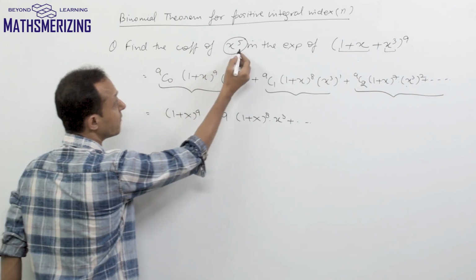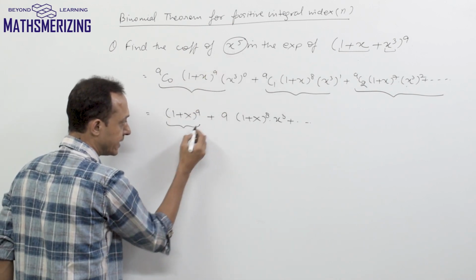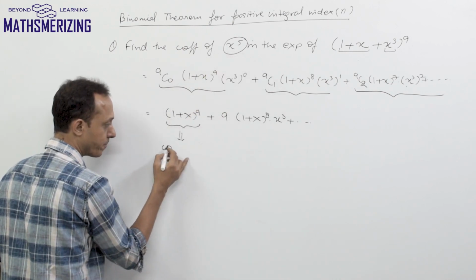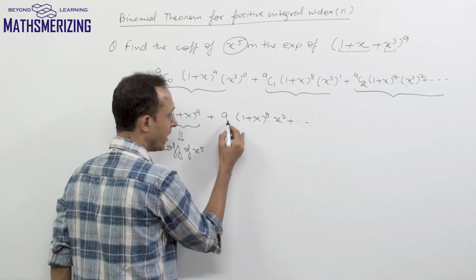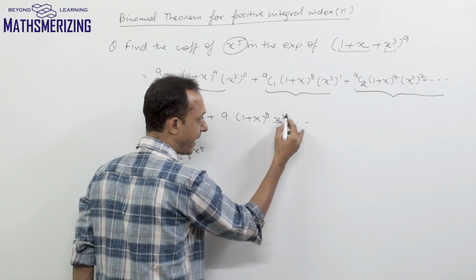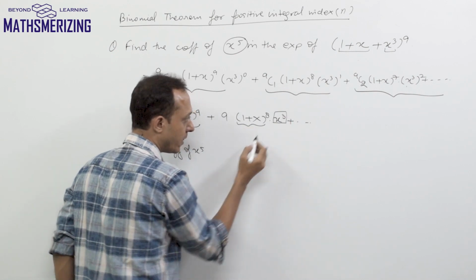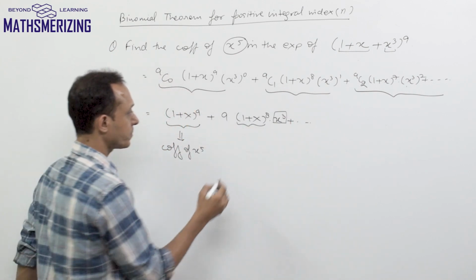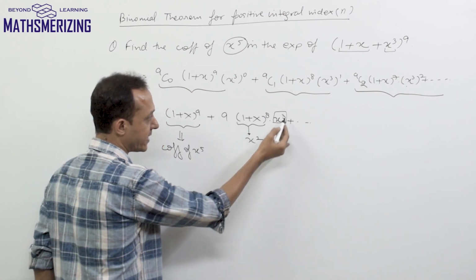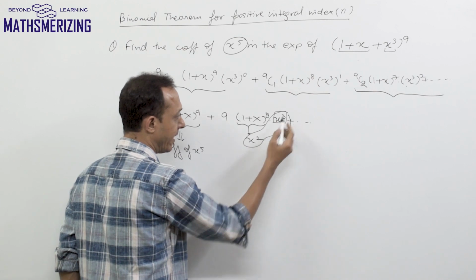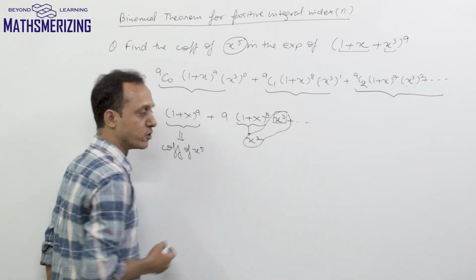So I'll get the coefficient of x to the power 5 from this series. So from this series, I need to find the coefficient of x to the power 5, and here it'll be 9, and then we already have x cube. So if I get a term whose power is 2, then x square and x cube will get multiplied, and then again I'll get the coefficient of x to the power 5.